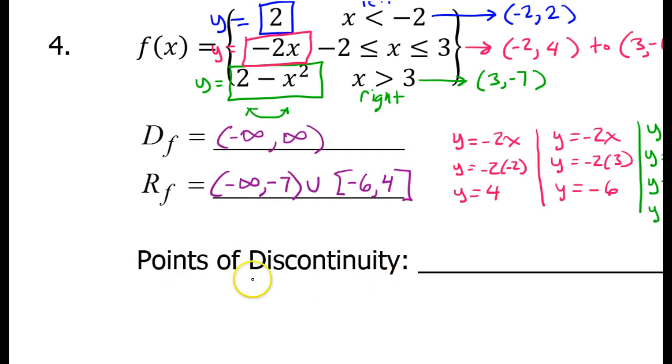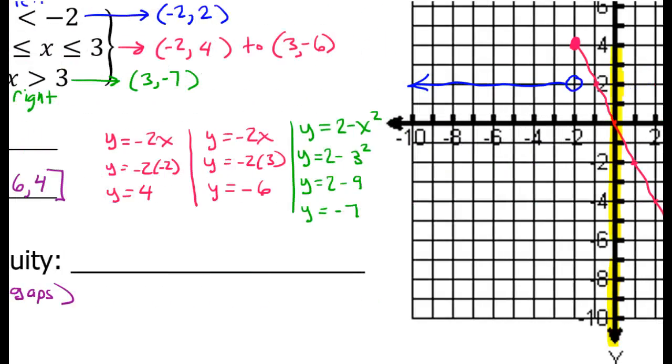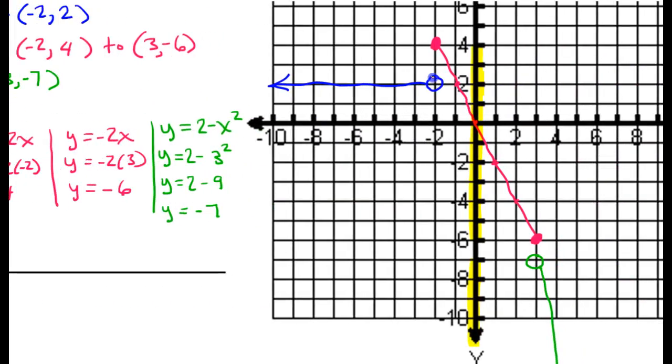Now remember, points of discontinuity are the x values of the gaps in the graph. Discontinuities are breaks or gaps in the graph, jumps. So we have a discontinuity right here.